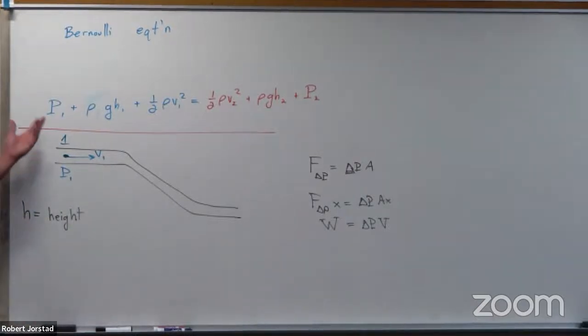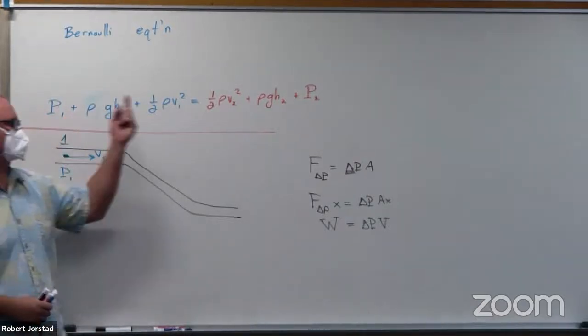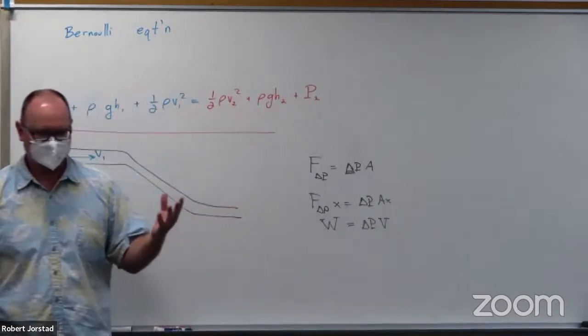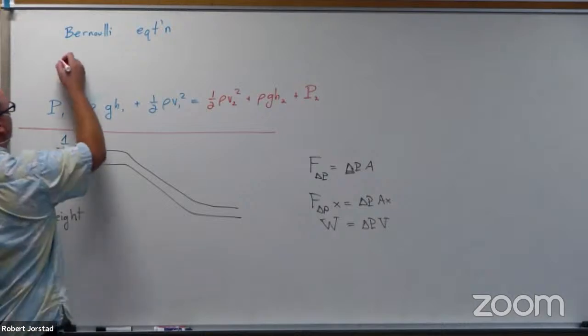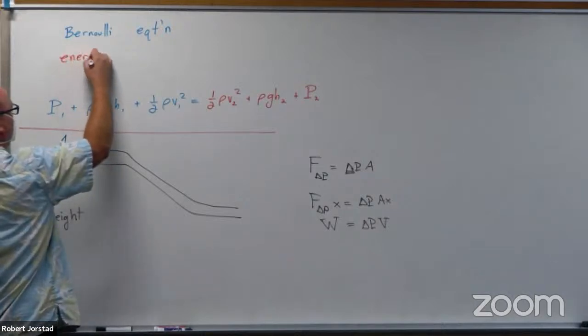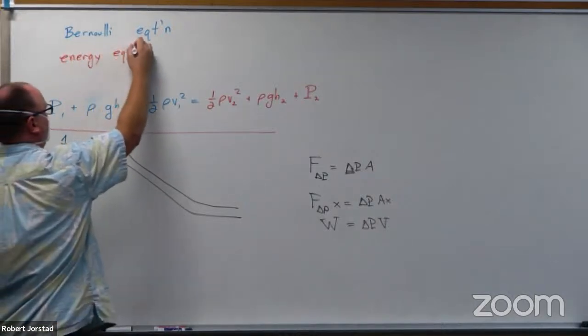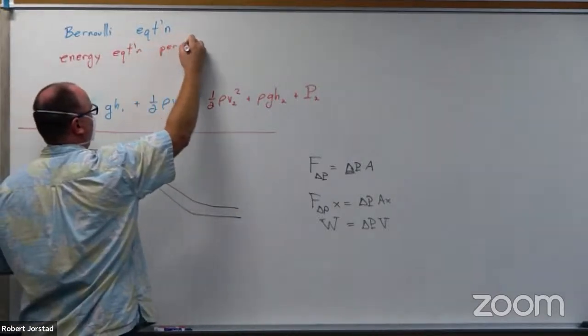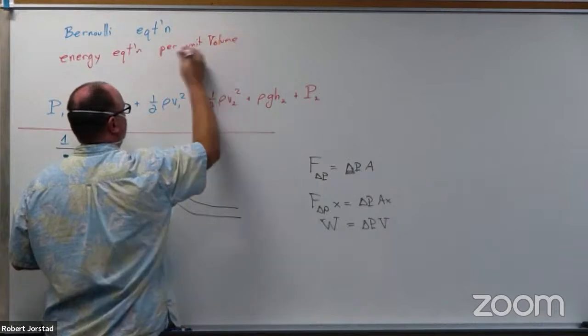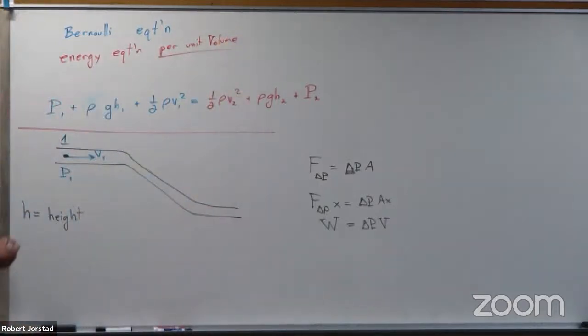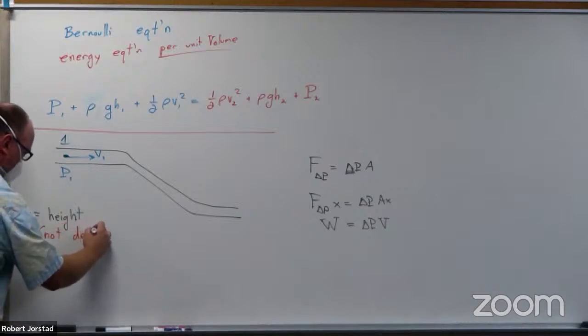Basically, this is the work-energy equation, and the pressure is the term doing the work. So what I wanted to say here, the Bernoulli equation is an energy equation per unit volume. As a result, H is height, not depth. Otherwise, this equation doesn't make sense.